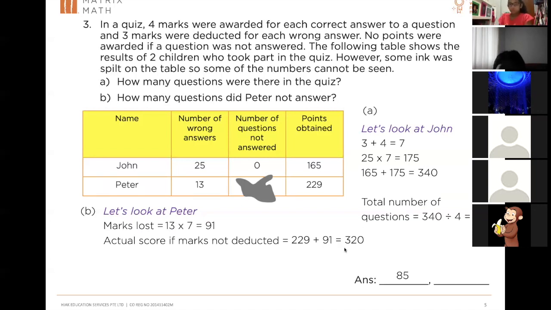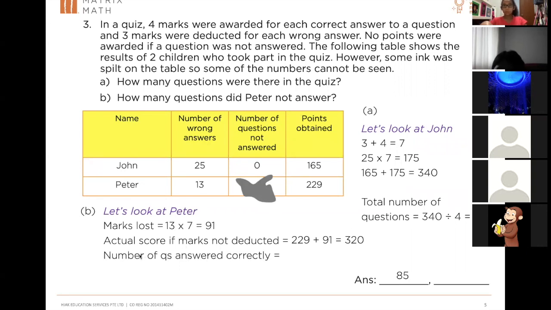So this will be the total score Peter would have achieved if he answered all of them correctly. There are some questions he didn't answer. If he answered every question, he wouldn't get 320. He would be getting 340. But he's getting 320. So obviously there are some questions over here that he didn't answer, and that's why he doesn't get any marks.